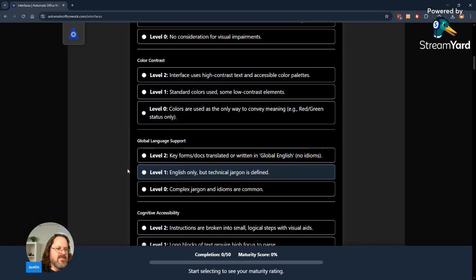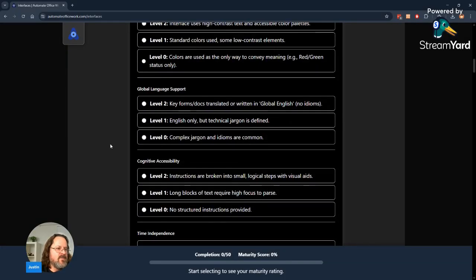Level 1 is English only, but technical jargon is defined. And level 2, key forms and documents are translated or written in global English. No idioms allowed. None of this hit the road kind of stuff or going to make a touchdown. A lot of people outside the US don't understand what you're saying. So speak in a way that everybody can understand.